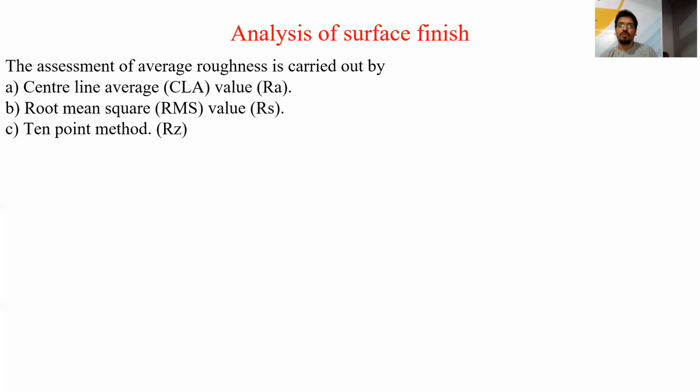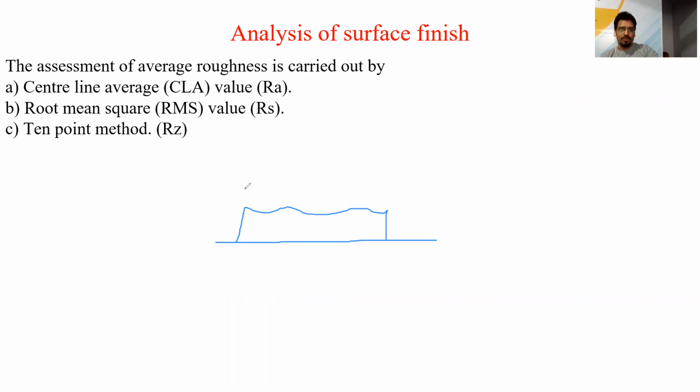So for the analysis of surface finish, what we have to do is put the workpiece surface on the table. For example, like this. If this is the working table, then you put the workpiece here, and let us suppose the surface of the workpiece is like this.